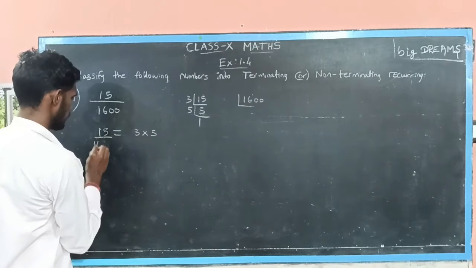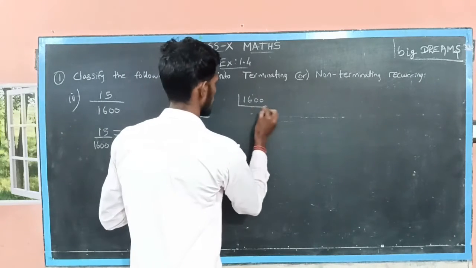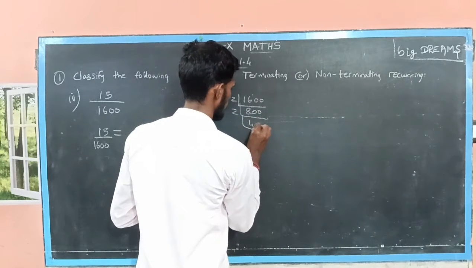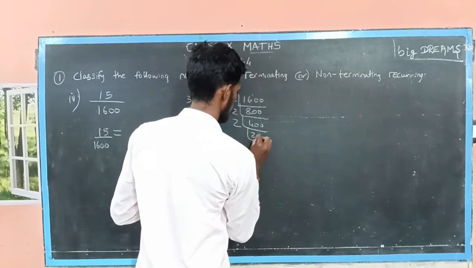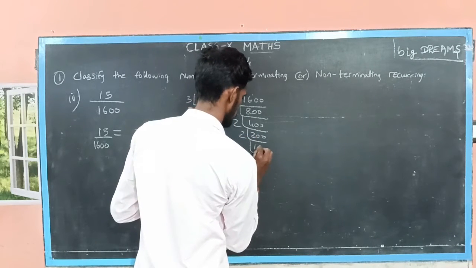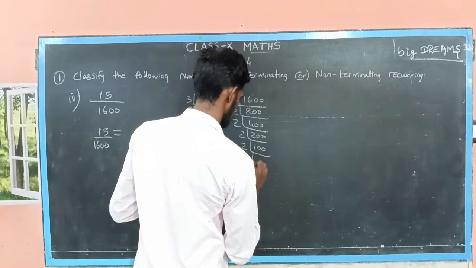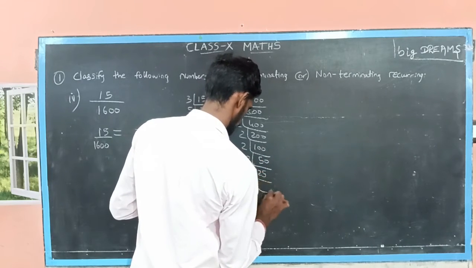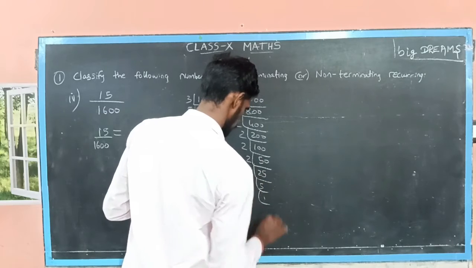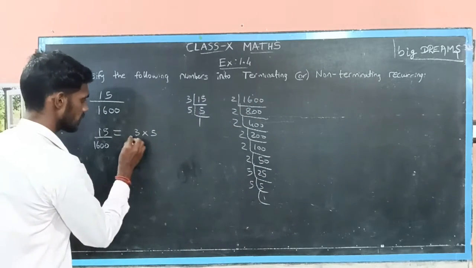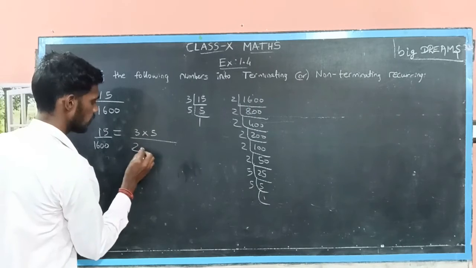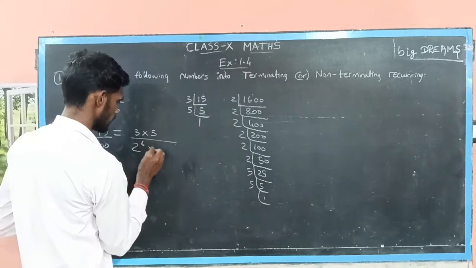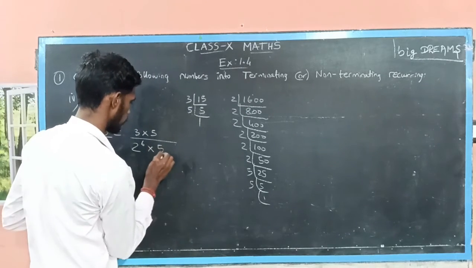For 1600, by 2 I will get 800, by 2 400, again by 2 200, again by 2 100, by 2 50, by 2 25, then 5, 5, 1. So 1600 can be written as 2 power 6 into 5 power 2.